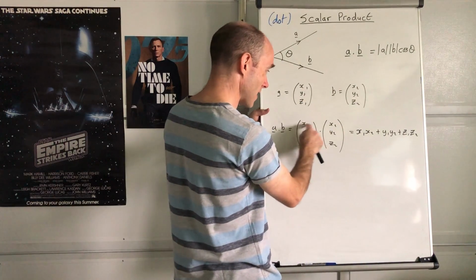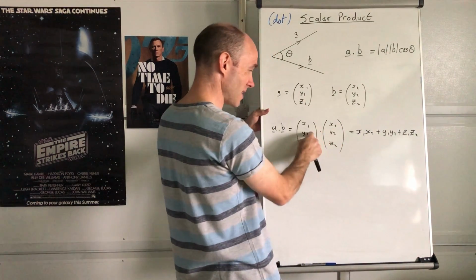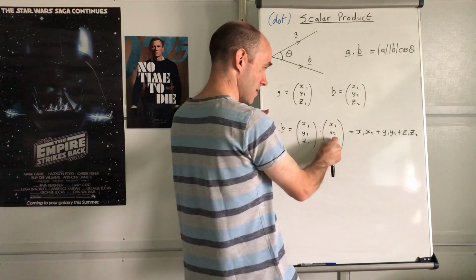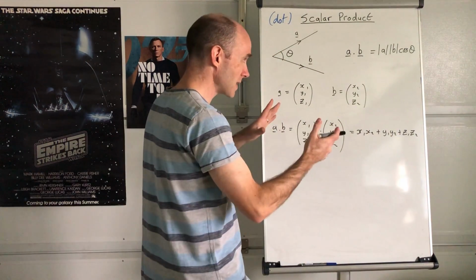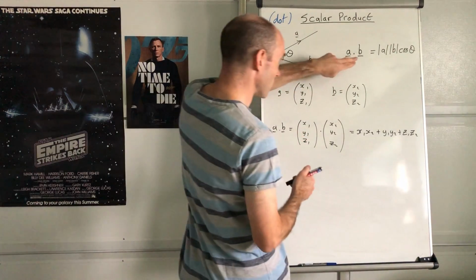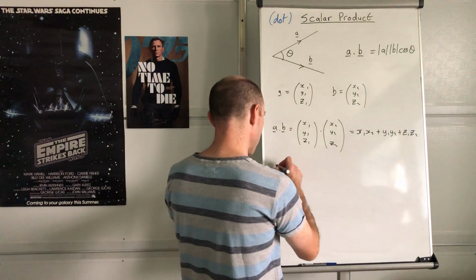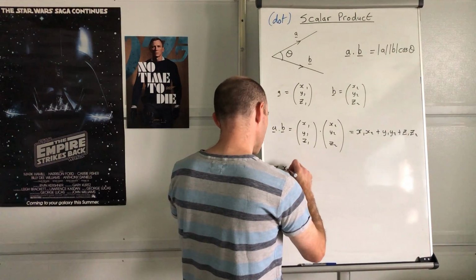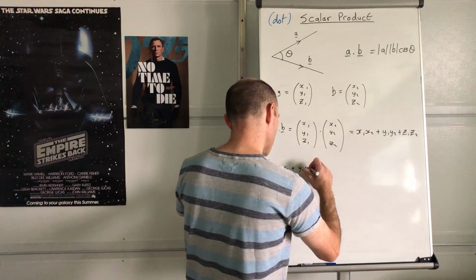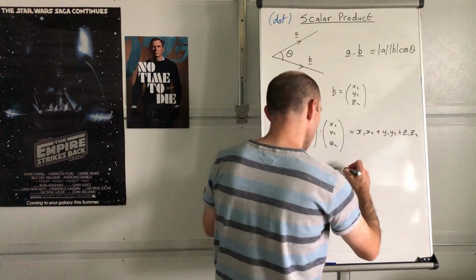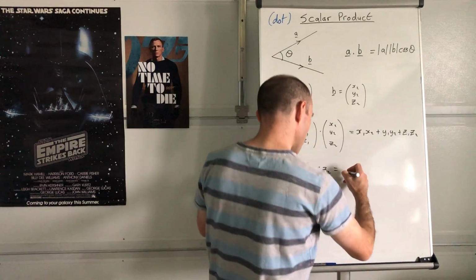You just do that times that, that times that, that times that. Remember, these are just numbers. You're just doing that number times that number, and adding them together. Then you've got that is the same as that: x1x2 plus y1y2 plus z1z2 is the same as the modulus of A. How do you find that?